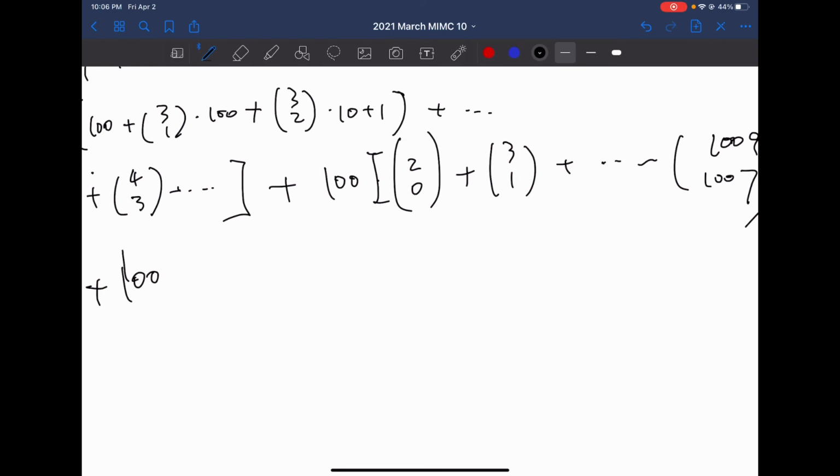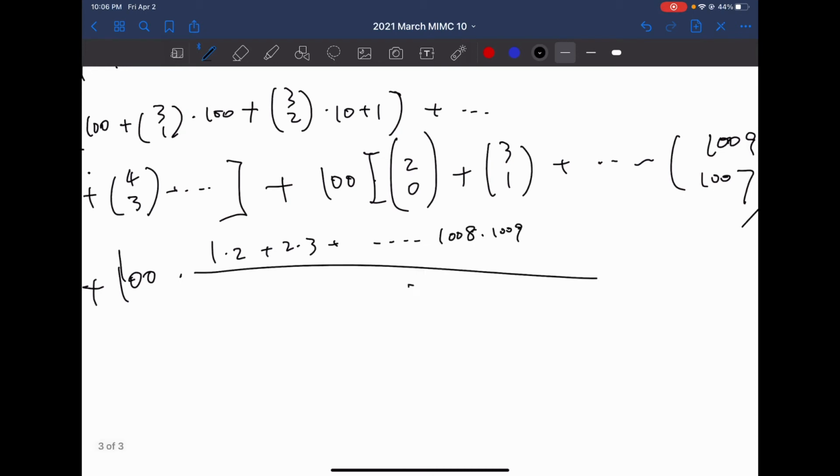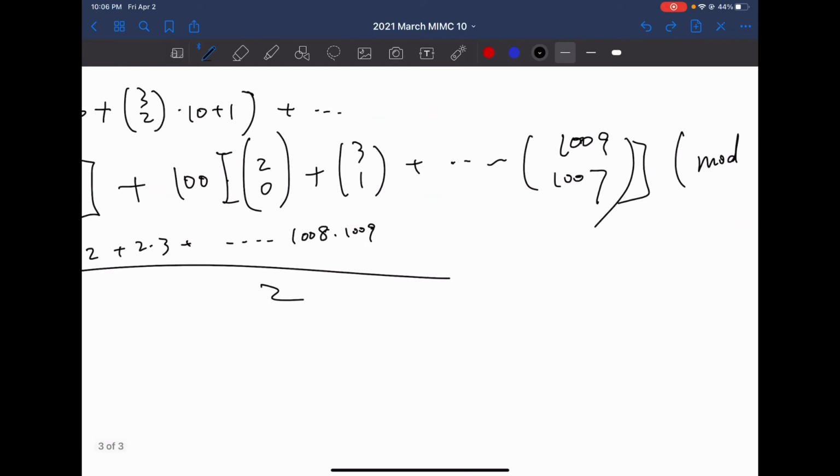That is 1 times 2 plus 2 times 3 plus all the way to 1,008 times 1,009, but don't forget to divide by 2. So each of these numbers divided by 2 would be a triangular number. And that in itself is very valuable to us.